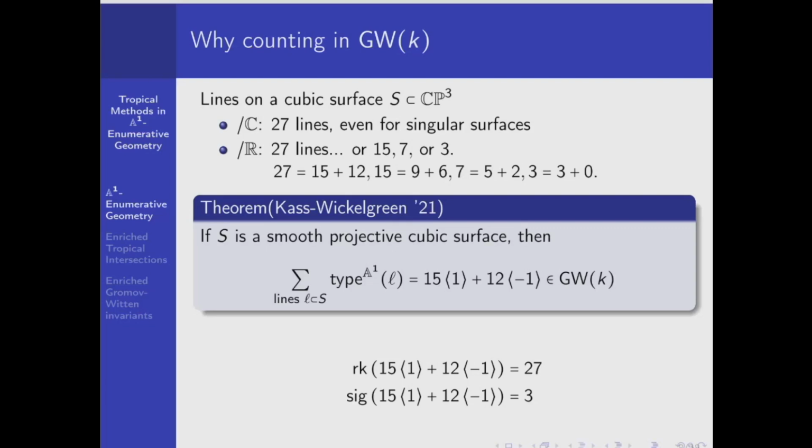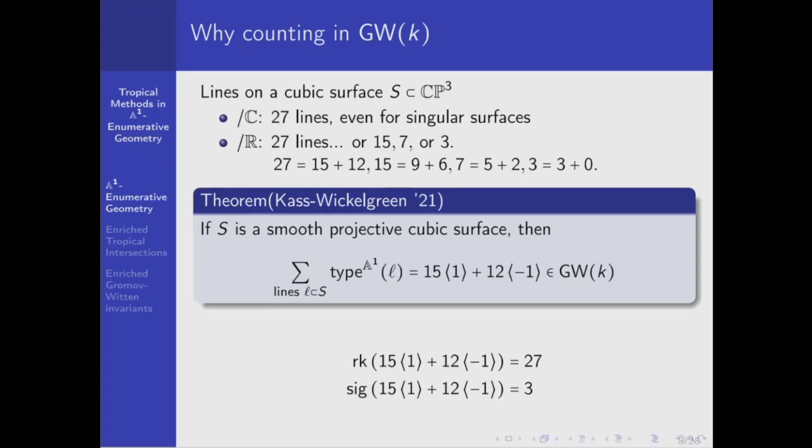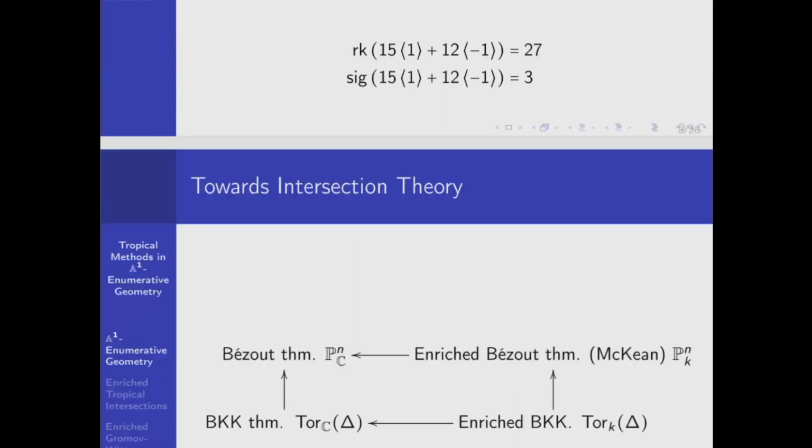So these 12 lines are 6 pairs of complex conjugates. So it's 6 times h that appear here, and that is what makes the discrepancy. This was, let's say, the motivation.